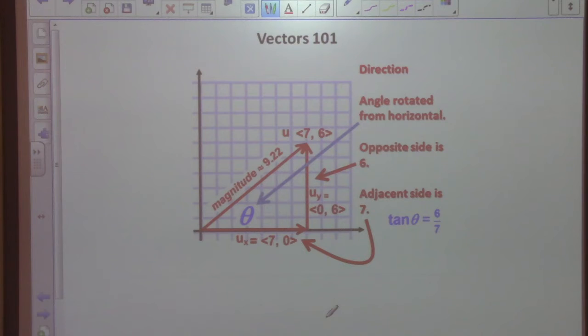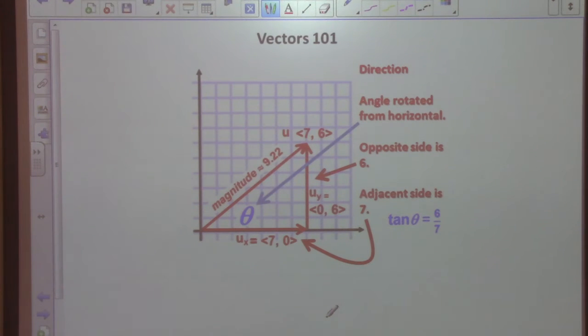So you can consider it like the graphics we have over here. You can consider this angle here, vector u has an initial side and a terminal side, can't you? Right? And so you have an opposite side of 6 and an adjacent side of 7.